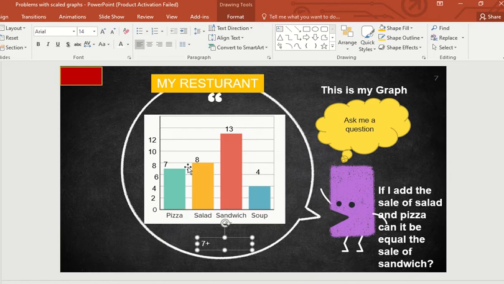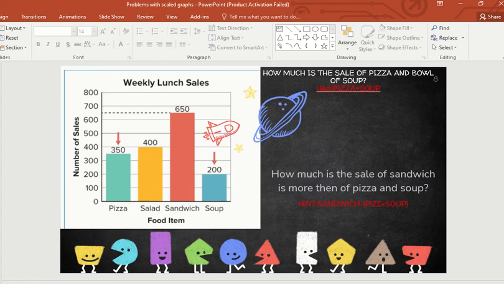Salad is eight. Pizza and salad equal 7 plus 8, which will be 15. Total is 15. Can it be equal to the sale of sandwich? Do you think this 15 is equal to 13? No. So we will write no. Okay, let's go next.